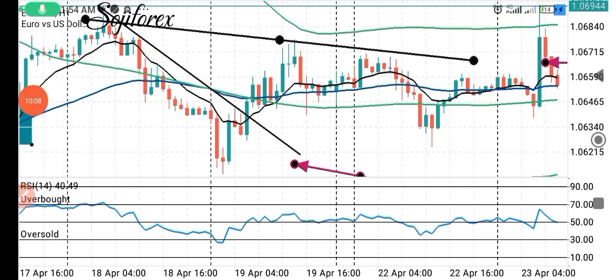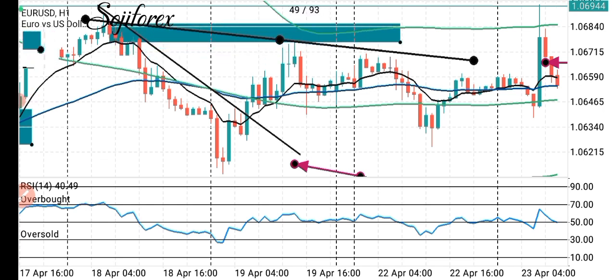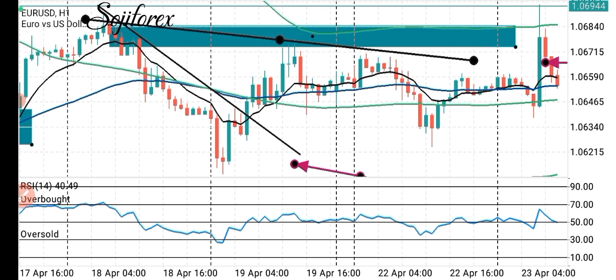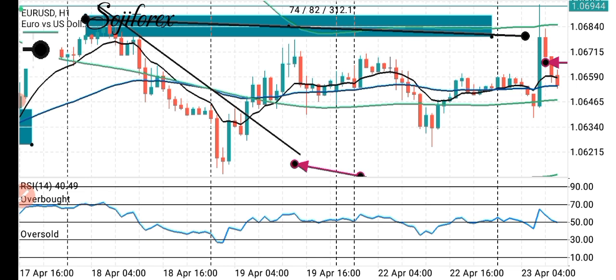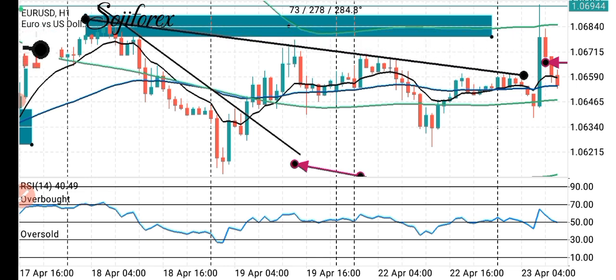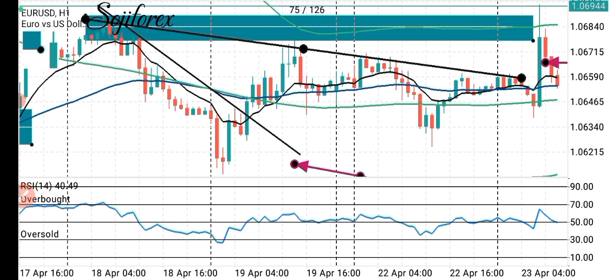Then another thing, remember also that this level is a level of resistance. You are to mark out your area of support and resistance too. So this level is as well my level of resistance because price was rejected, and then price broke this trend line.